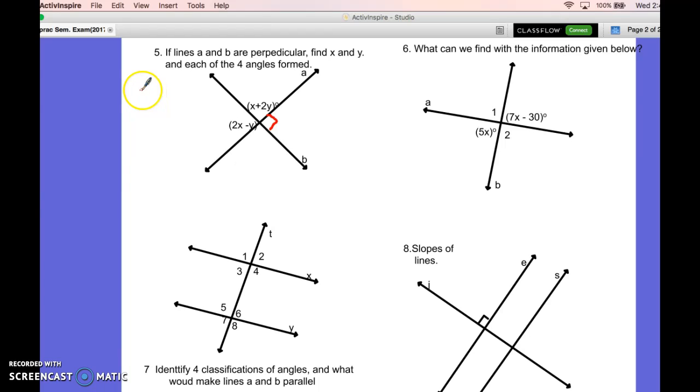So right out of the gate, you could say x plus 2y, this angle right here, I'm going to indicate it with an arc, it's 90 degrees. That's one thing we could say. Also, this angle here is 2x minus y. That's going to be 90 as well.